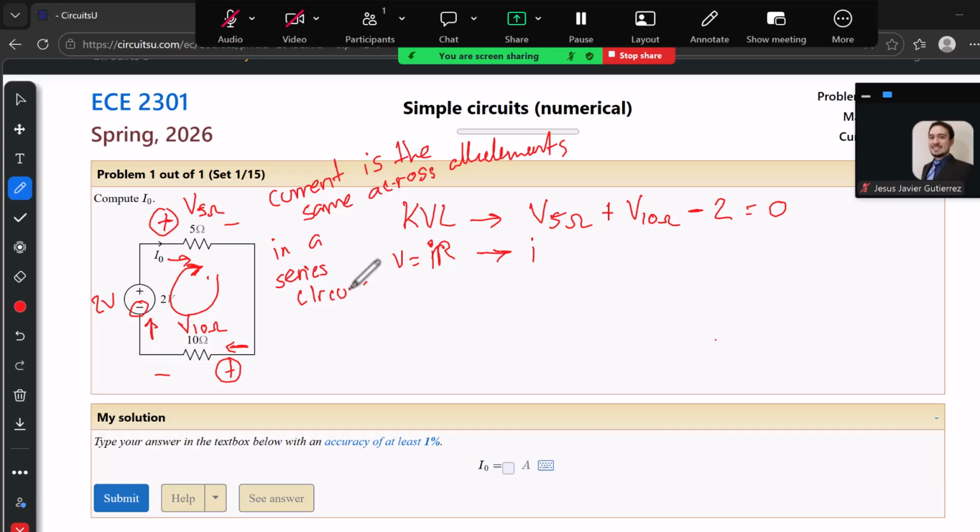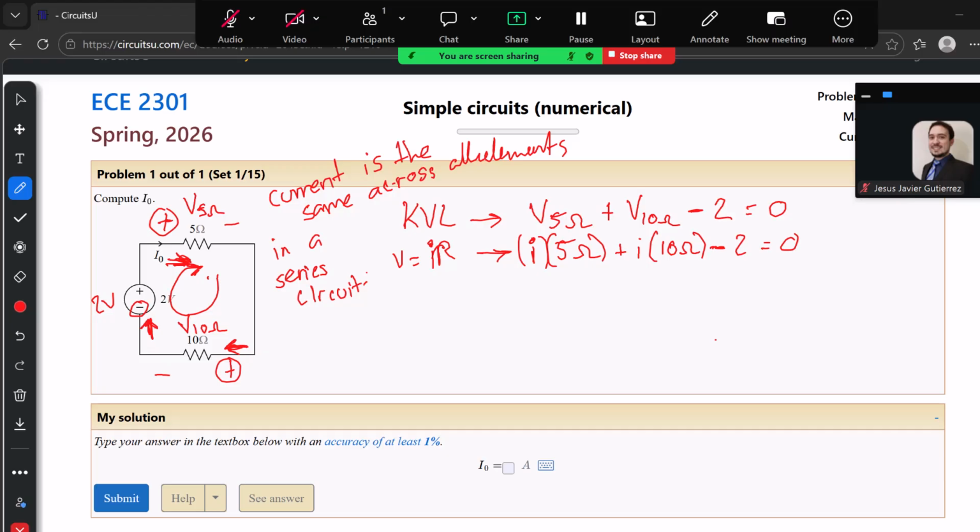So the same current that flows through the 5 ohms is the same current that flows through the 10 ohms, which is the same current that flows through the 2 volt source. So we can use one single term for the current, I, and multiply it by the resistance: I times 5 ohms, plus I times 10 ohms. So we are just replacing V by IR, minus 2 equals 0.